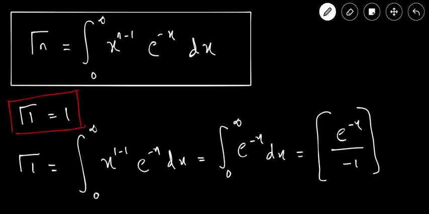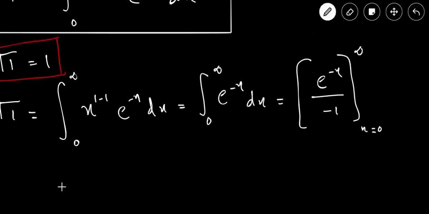X equals, lower limit is 0 and the upper limit is infinity, and if we calculate, this will be equal to e raised to minus infinity upon minus 1 minus e raised to 0 upon minus 1.